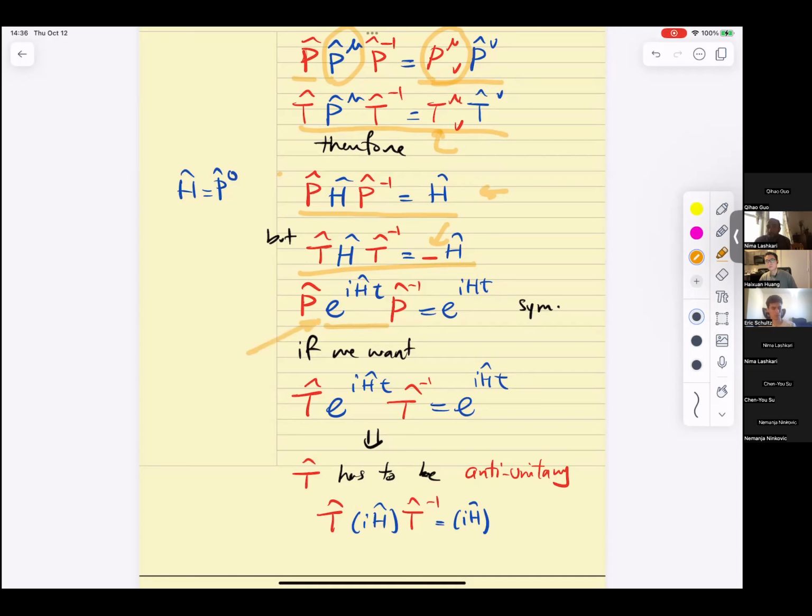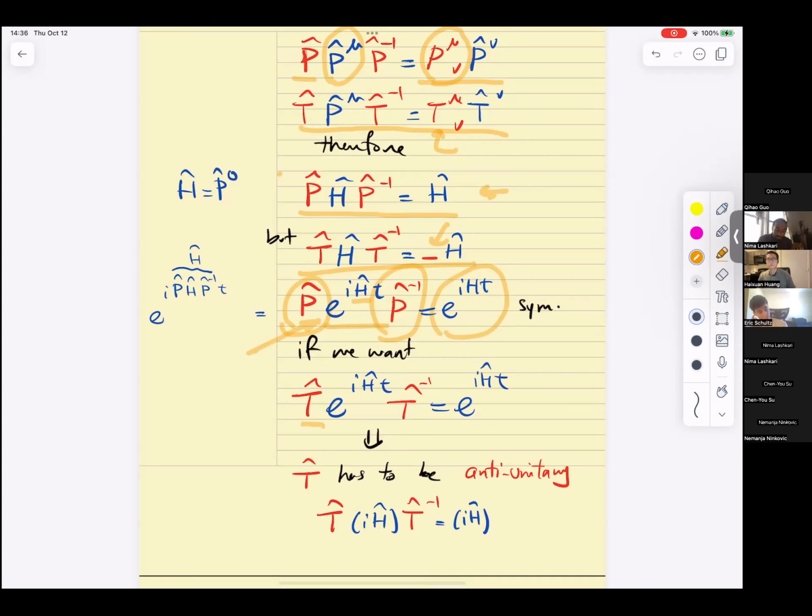It's time evolution that has to remain invariant, not the Hamiltonian. So, of course, because H is invariant under the action of P and P dagger, e to the power of iHt is invariant. This is equivalent to e to the power of i P H P minus 1 t, and this was just H, so it's invariant.